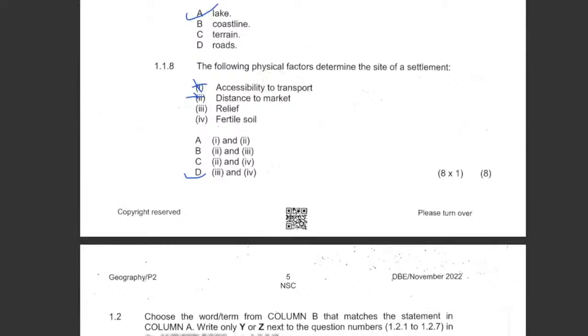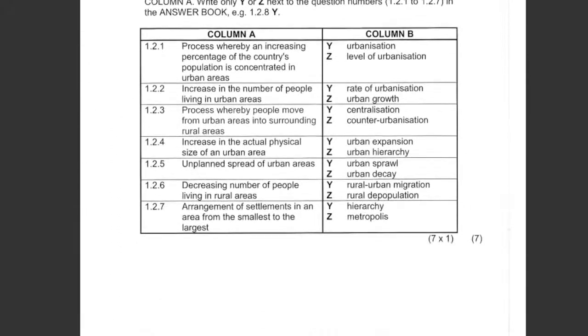Choose the word or the term to refer to answer this one. So their answers are here. The process whereby increasing percentage of a country's population is concentrated in urban area automatically is Y. Okay. Increase in the number of people living in urban areas. It can't be red because that is the pace, but increase is going to be population growth.